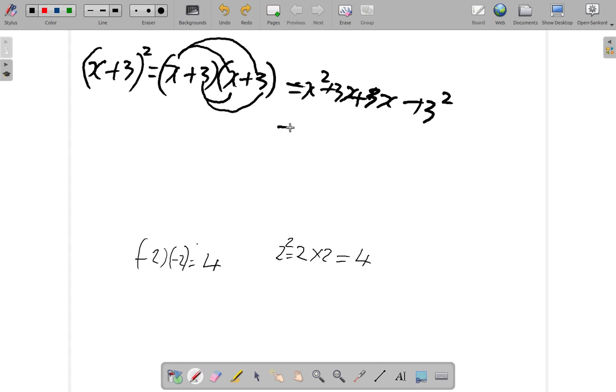So you have x squared plus 3x plus 3x is 6x, plus 9. x squared plus 6x plus 9.